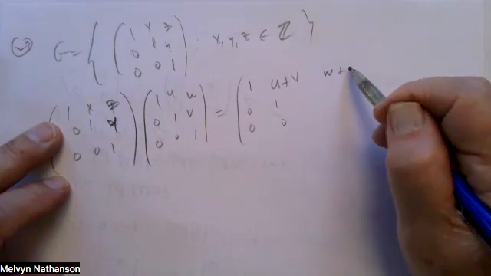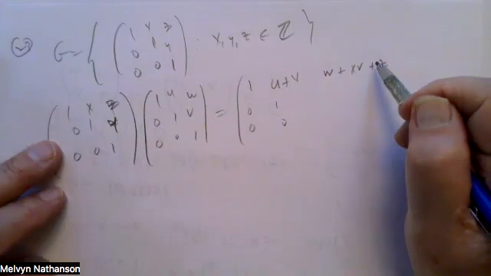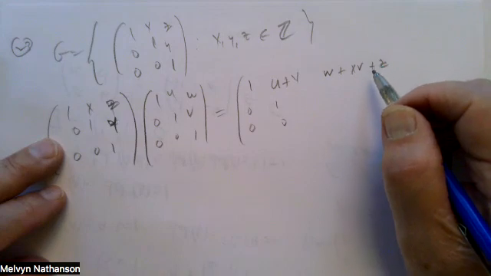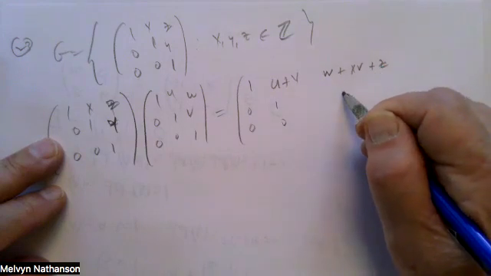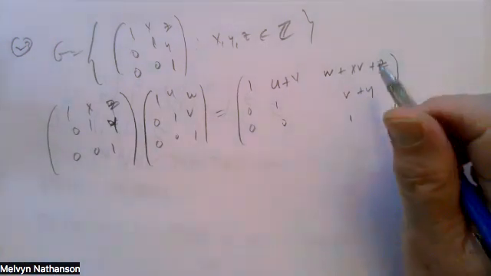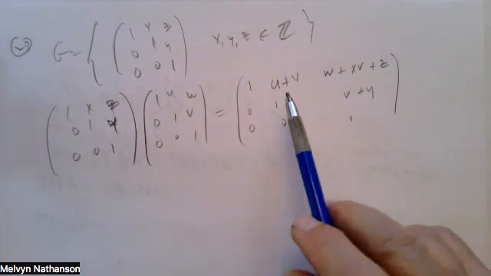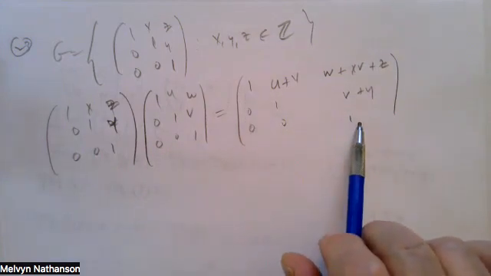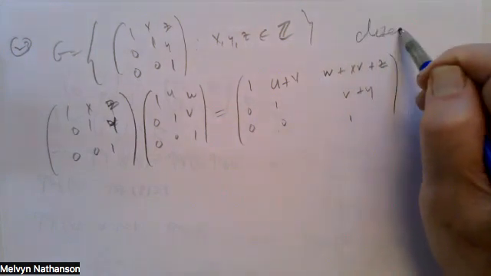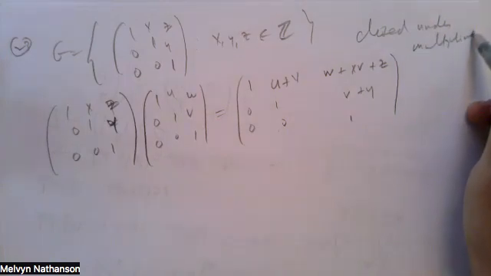It's w plus xv plus z, v plus y, 1. So again, when I multiply two matrices of this form, I get a matrix with ones down the diagonal and zeros below the diagonal. So this is closed under multiplication.